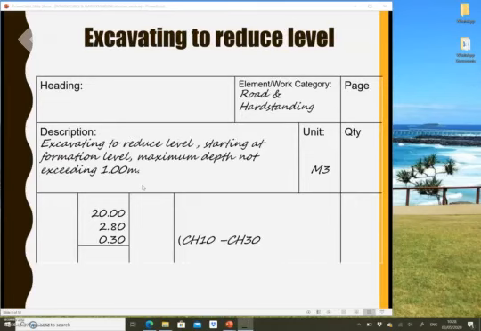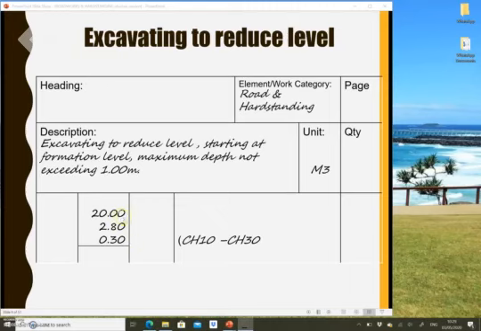This is an example how you write it in your slip sort paper. Okay, remember you need to have heading here. It depends on the drawing and the types of project that you will cover. And then we have excavation to reduce level, descriptions, and then meter cube, and the dimension that you key in here, you need to look at the drawing itself.